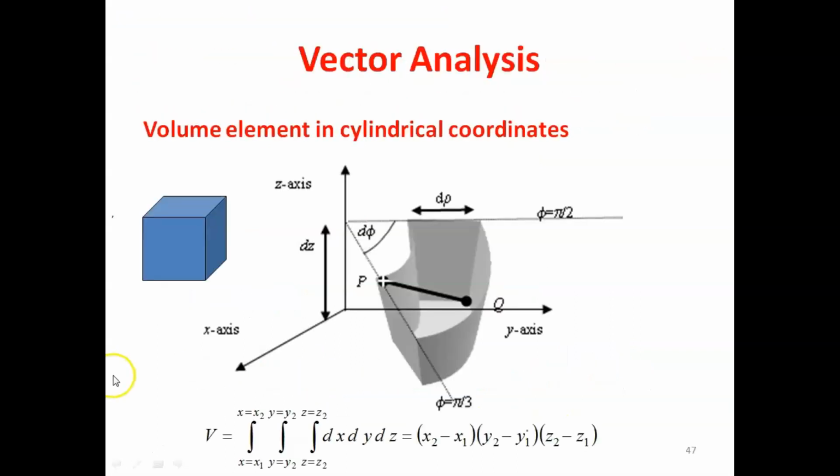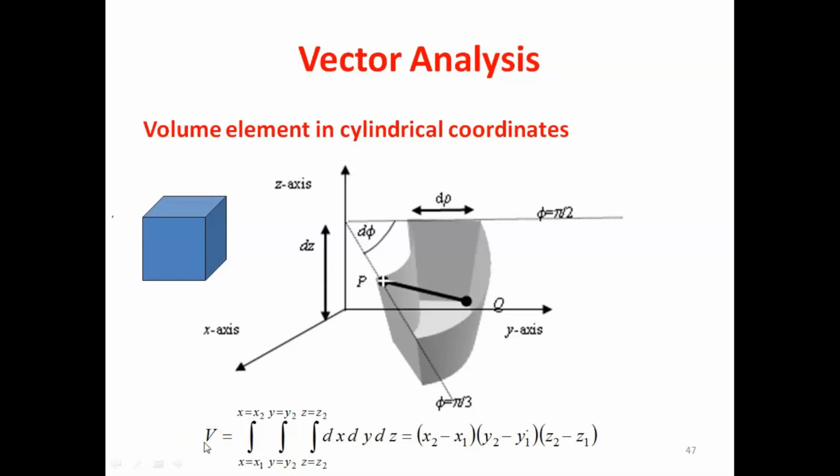In Cartesian coordinate system, we represent volume of a cube or a parallelepiped as dx into dy into dz equal to dv. So if you like to find complete volume V, you have to operate triple integration dv, and that will be equal to triple integration dx, dy, dz, where x rolls from x1 to x2 and so on for y and z coordinates, and length into breadth into height. That will make a sensible equation for volume of a parallelepiped.